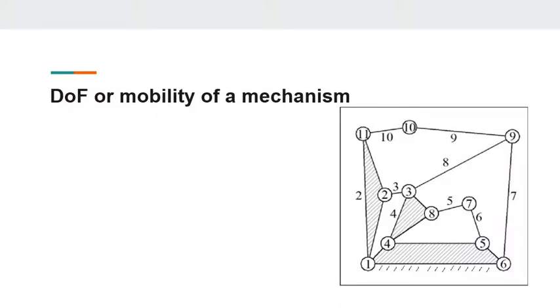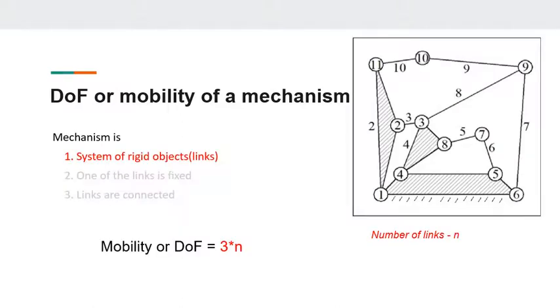With all these conclusions, we are now equipped to find the degrees of freedom of a mechanism. Let's derive the relationship for the degrees of freedom of a mechanism. Once again, let me have all the 3 characteristics we are interested in.